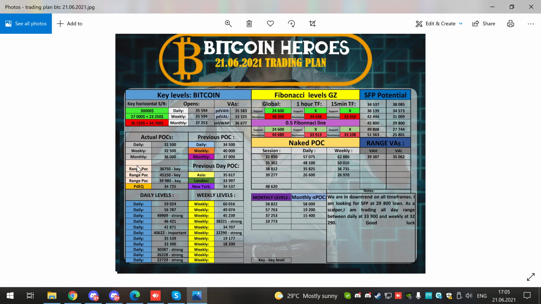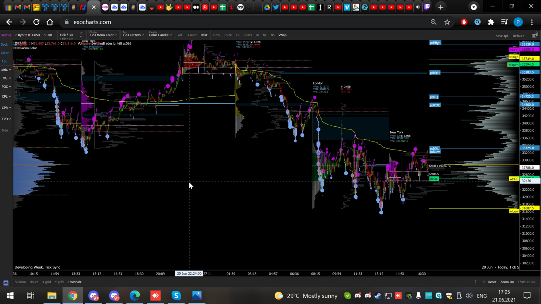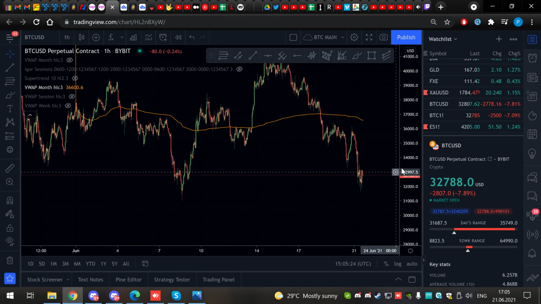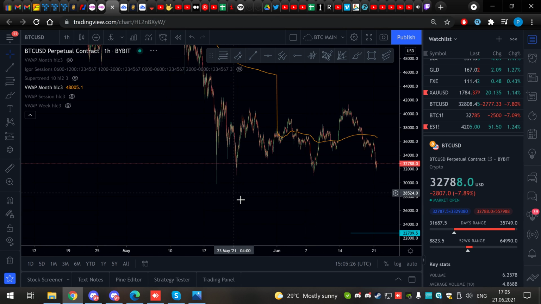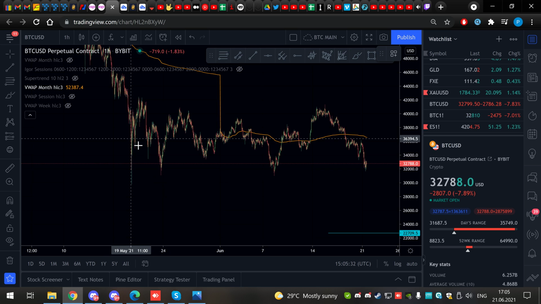Okay, not the full one. I will also be marking range point of controls in this place. This is usually if Bitcoin is not trending, as it is not in a trend right now. This is the hourly time frame. You can see the clear range here, so you will have to find the range point of control.